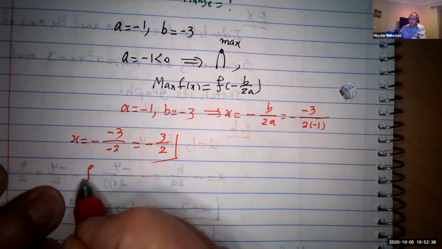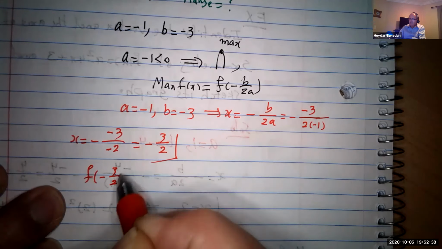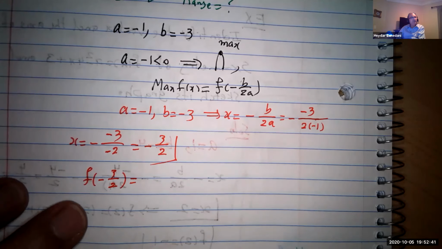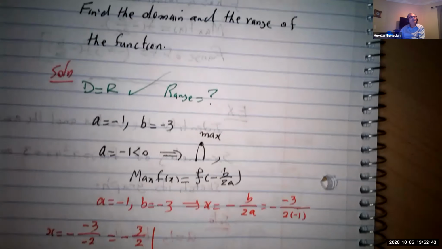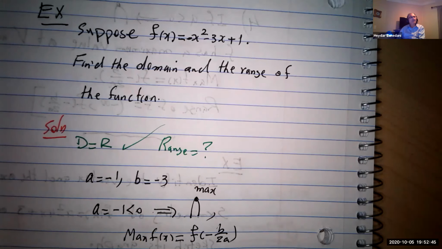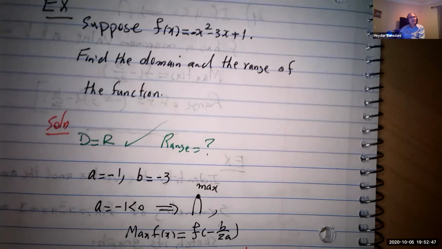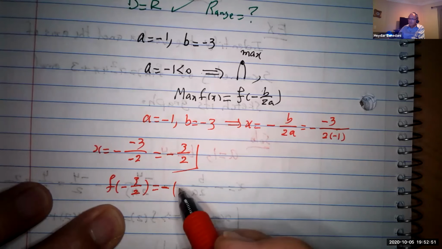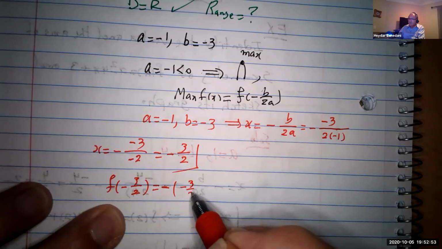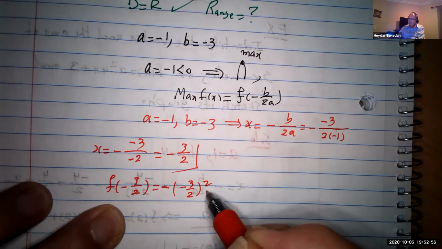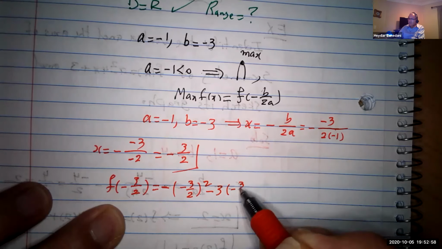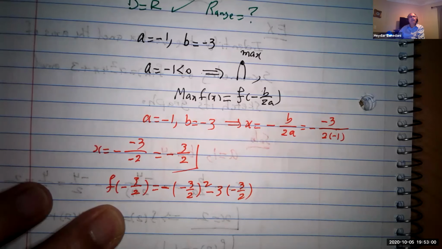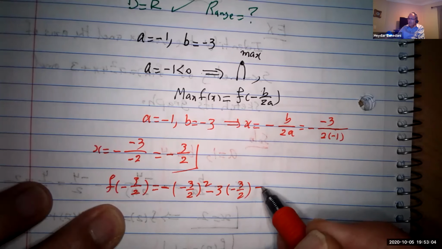So what's going to be f of -3/2? Put -3/2 into the function. This is the function. Substitute, use parentheses, so as not to miss it. It's -x squared, so minus (-3/2) squared, minus 3x, minus 3 times -3/2, and plus 1.